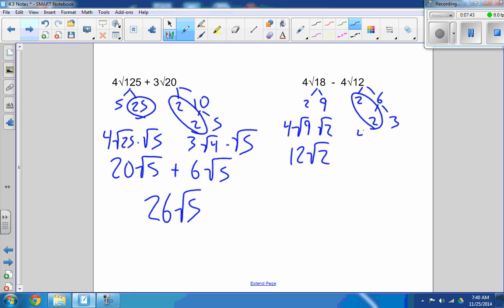So that's 4 square root of 4 times square root of 3. So that's subtracting 8 square root of 3. And that's all I can do with it, because I cannot reduce the square root of 2, and I cannot reduce the square root of 3, so therefore I can't do anything more with it, and we are done. And that is the end of this lesson.